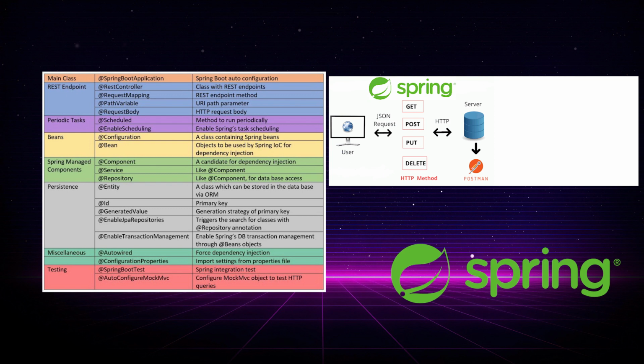Working with Spring Boot, because it's backend, you need to get some sort of testing software. The most popular testing software for JSON is Postman, which I'm going to use.